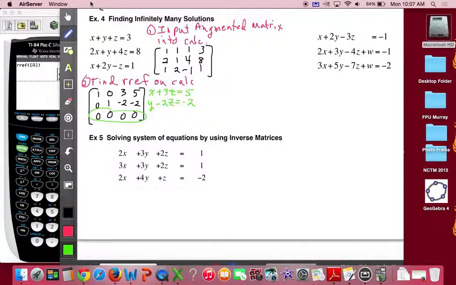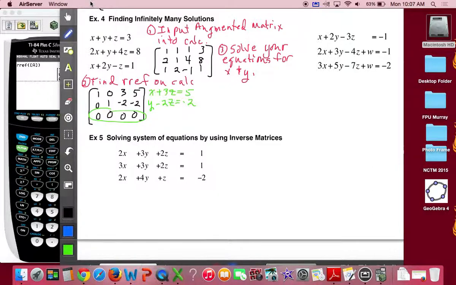And so then step 3, you are going to solve your equations for X and Y. So those equations that we just came up with, you're going to solve them for X and Y.